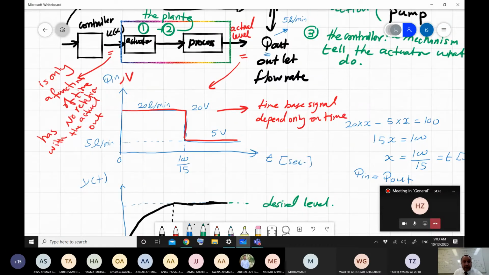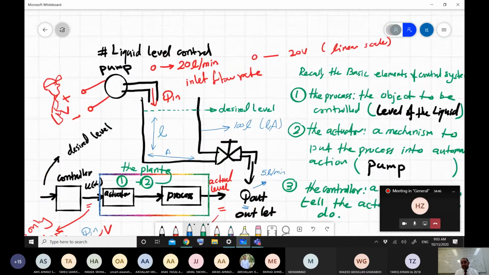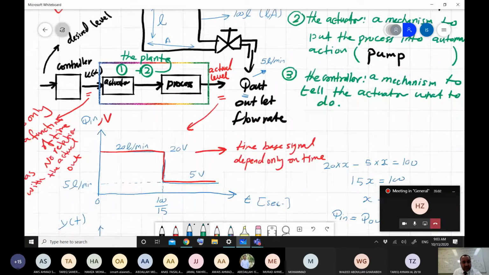Why 20 and 5? Simply because I'm using a linear scale, and I'm assuming that the relation between the flow rate and the voltage is linear. So 0 will give me 0 flow rate, and 20 will give me the maximum flow rate, which is 20 liter per minute, yes?